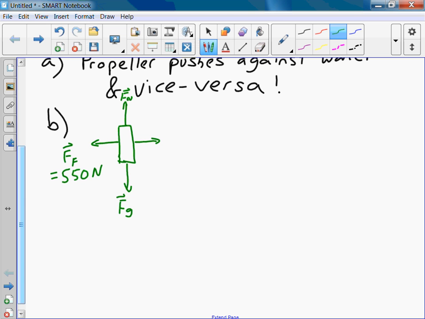So the force of friction to the left is 550 newtons. So what's the force that's pulling the skier to the right? Applied force. Let's be a little more specific. What's he holding on to? When we're talking about ropes, what do we usually call the applied force? Tension. Good.